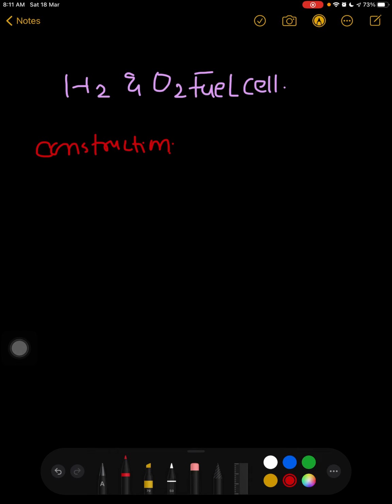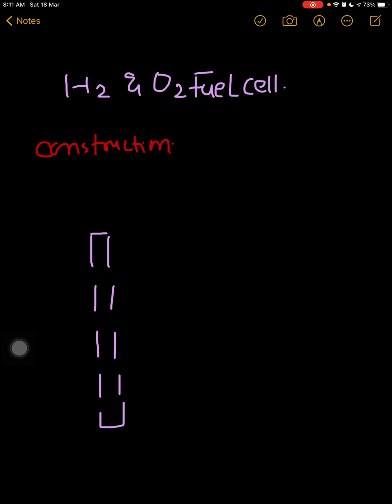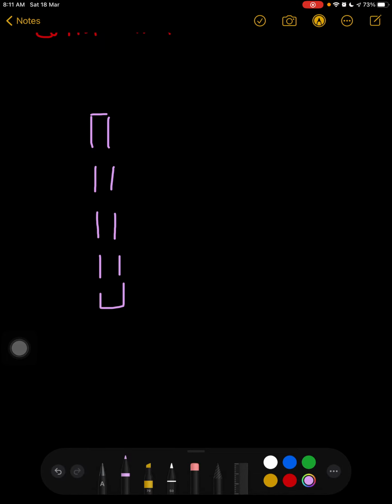So basically, first of all, we have an electrode which has some pores in it, right? This is the electrode, and it is a carbon electrode coated with platinum, right?